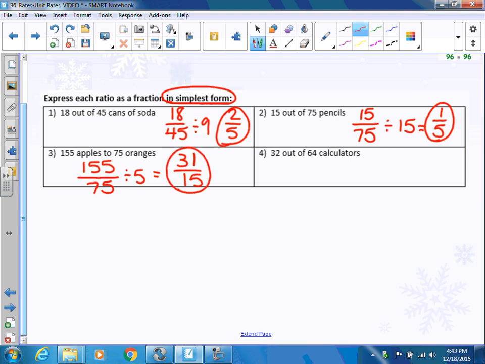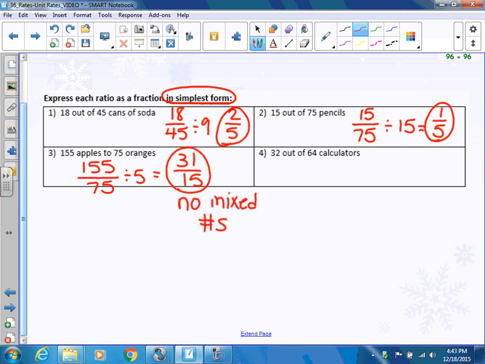I'm going to put a little note: no mixed numbers with proportions. Because if I have a mixed number, I wouldn't know what that whole number goes with. Does it go with the apples or does it go with the oranges? I don't know. So we leave it this way so I can easily say, there's 31 to 15. For every 31 apples, I have 15 oranges. That's basically what we're saying.